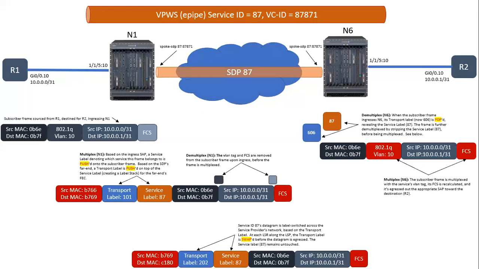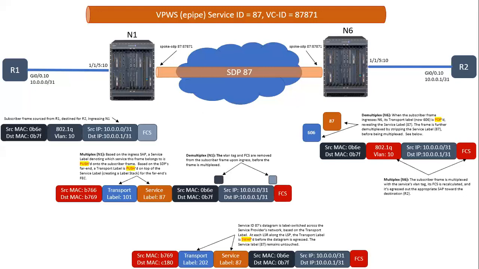So the main thing to take away from this is that when customer data arrives at the ingress label edge router, the ingress label edge router pushes a service label onto the subscriber frame, then pushes a transport label, creating our label stack, before egressing the subscriber frame, now encapsulated in our label stack as an MPLS packet.